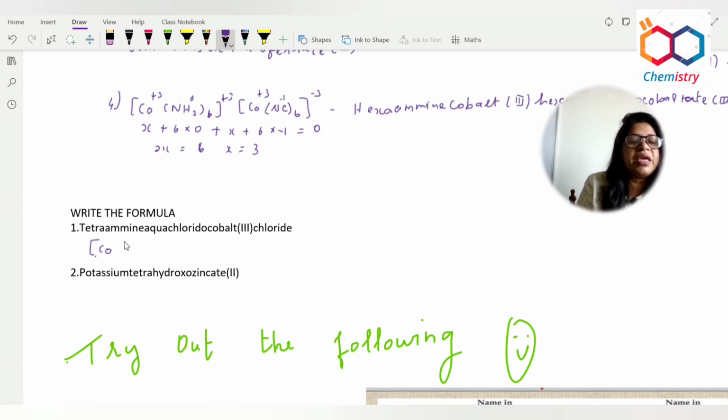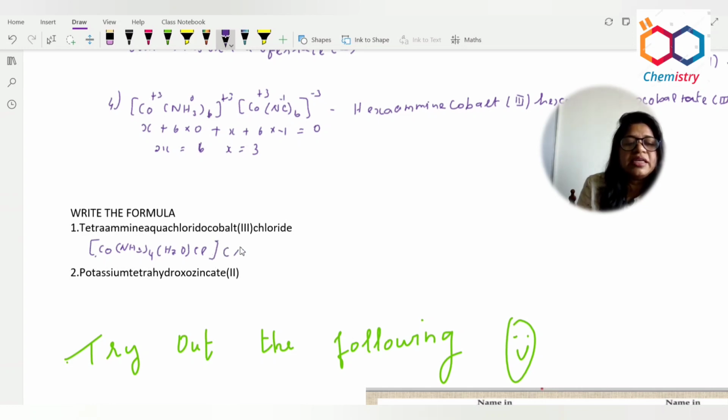Now tetraammine: alphabetically ammine comes first, then aqua, then chlorido. Even the ligands, when you write inside the square bracket, should be alphabetical. So ammine is NH3, NH3 4 times. Then aqua, only one aqua is there, so put one water. One chlorine is there, so put one Cl, and close the square bracket.